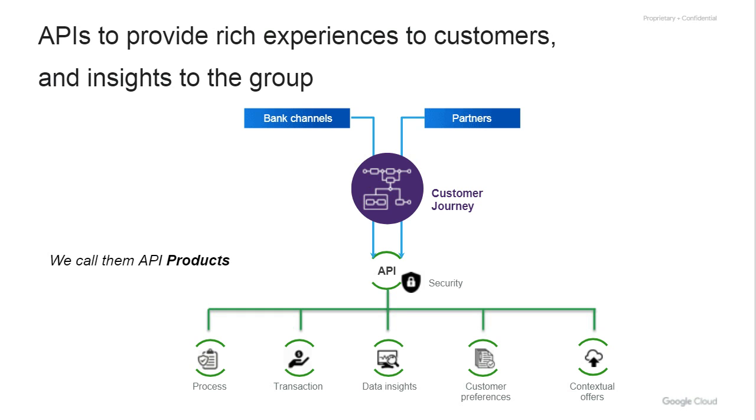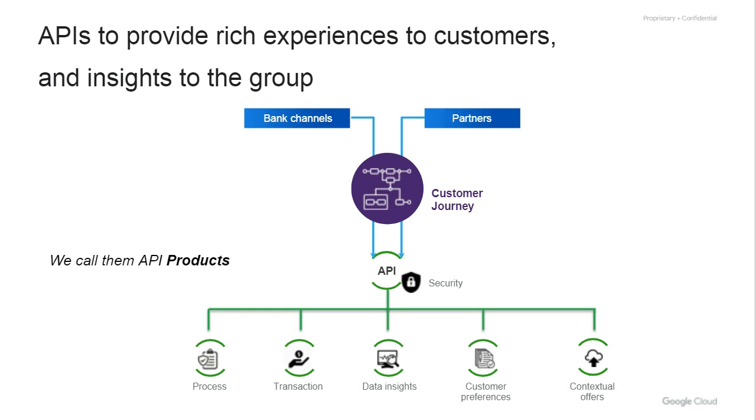We started with an API program, which is the foundation for our strategy. First of all, we're not creating an API program led by technology. For sure, we started this project with technology, but for us the most important part is to create an API program led by the business.